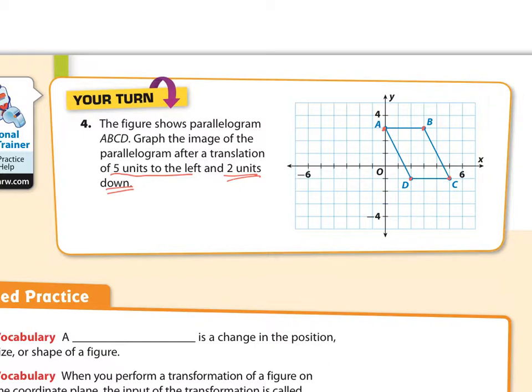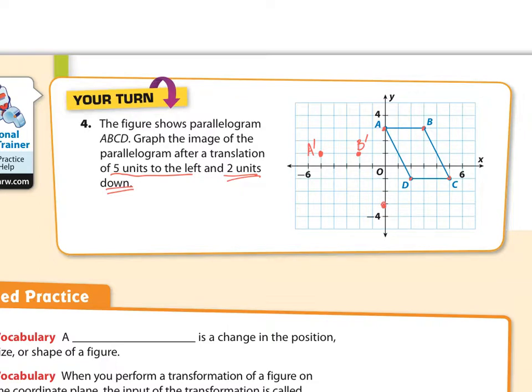I'm going to start with A, and I'm going to go from A, 1, 2, 3, 4, 5, and then down 2. So it'll be right here. Remember, I'm going to call that A prime. Then I go with B, and I go 1, 2, 3, 4, 5, and down 2. So this will be my B prime. With C, I'm going to start from C and go 1, 2, 3, 4, and 5, and then down 2.